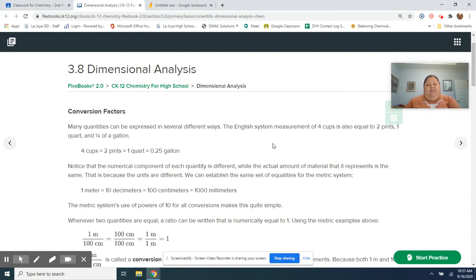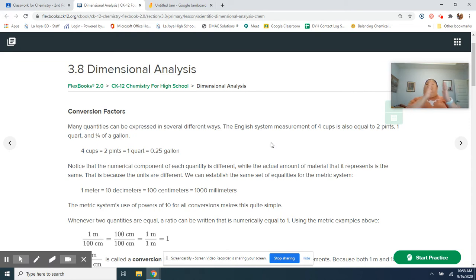Now, dimensional analysis is really, really important because this is what we use to change from one unit to the other. The actual value does not change. Okay. So if I have a meter stick, you know, those yardsticks that teachers used to point in classes, well, that yardstick can have different values.